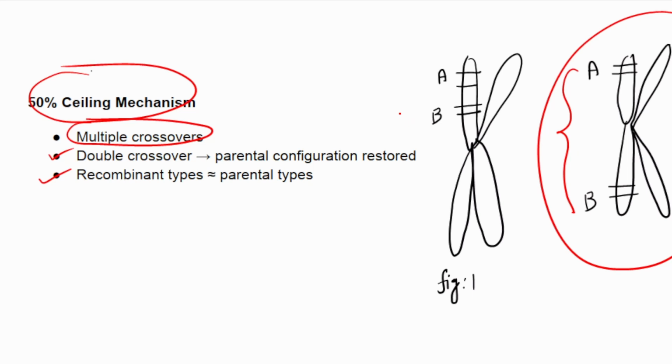At that point, half the offspring look recombinant and half look parental. That is the same pattern you get from independent assortment, where genes behave as if they are on different chromosomes. Because you can never get more recombinant types than parental types in this situation, the observable recombination frequency gets stuck at 50% and cannot increase further.